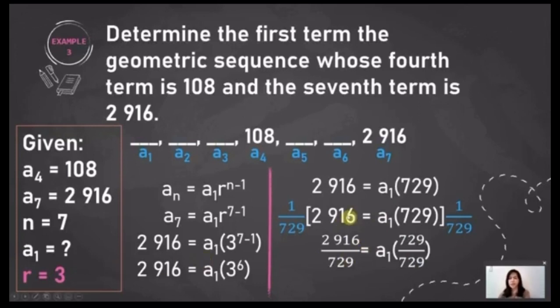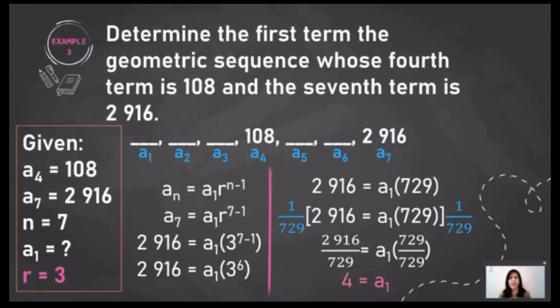Now, 2,916 times 1 over 729 is 2,916 over 729. Then, copy a sub 1, 729 times 1 over 729 is 729 over 729. This one is 4. Then, 729 divided by 729 is 1. So, it's okay if we're not going to write 1 here anymore. So therefore, our a sub 1 for this geometric sequence is 4.